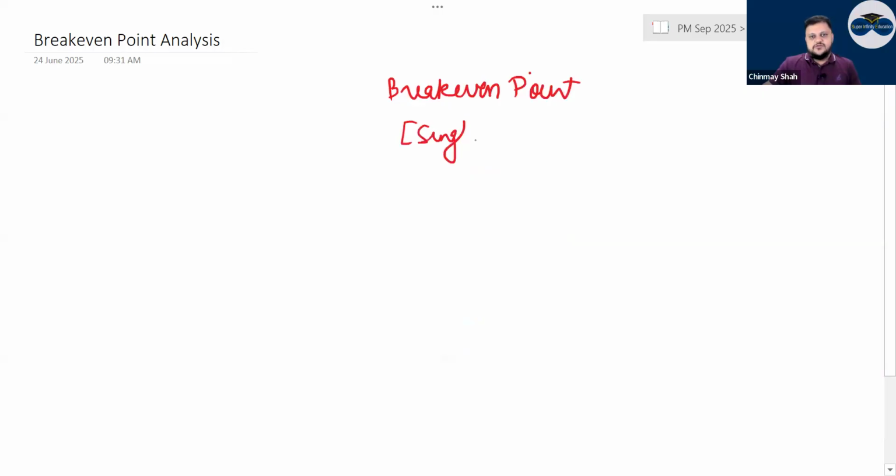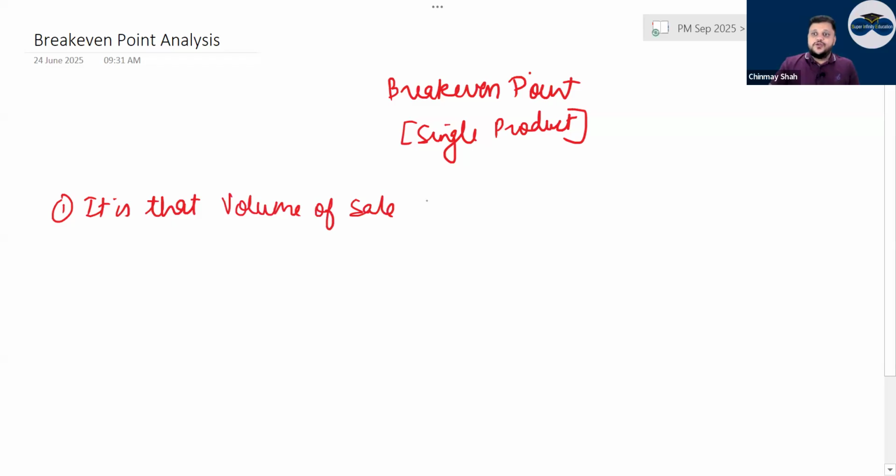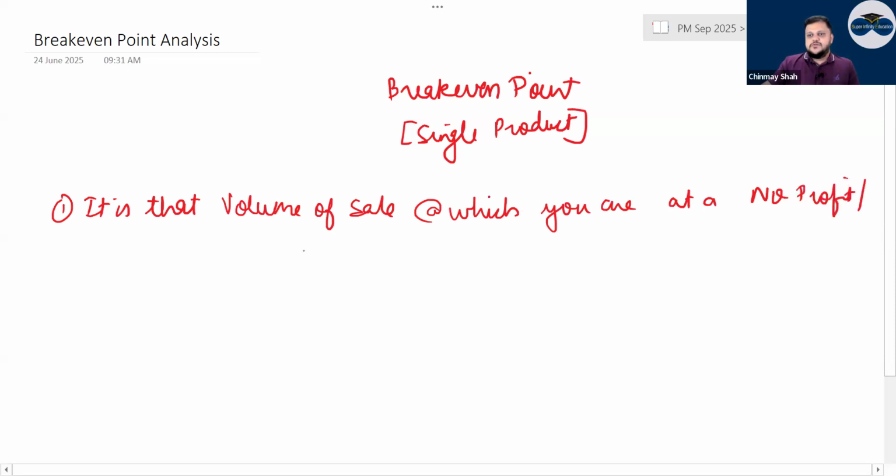First I am doing a single product. चलो write down, it is that volume of sale at which you are at a no profit no loss stage. That is refer Excel.